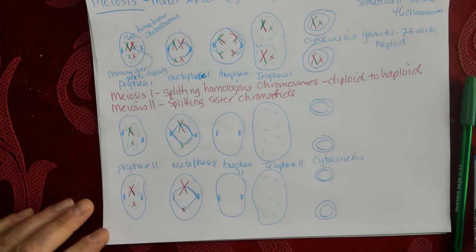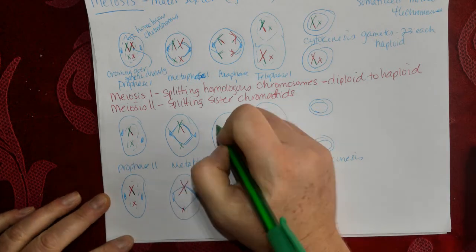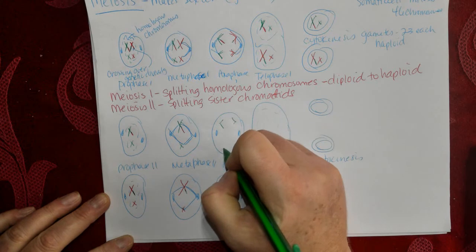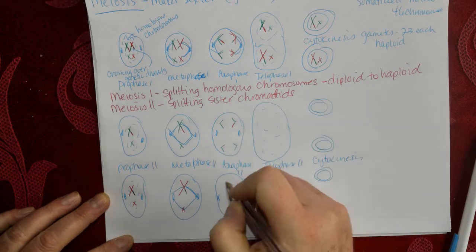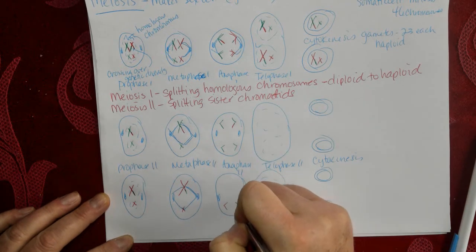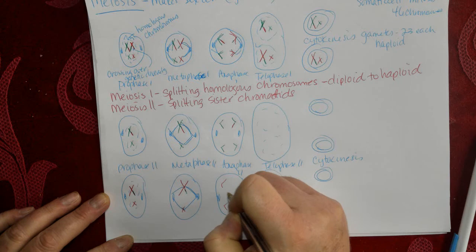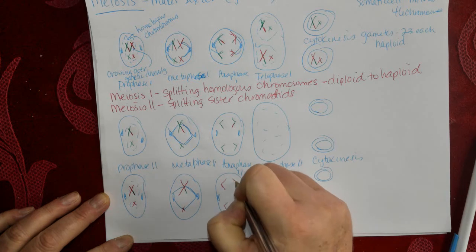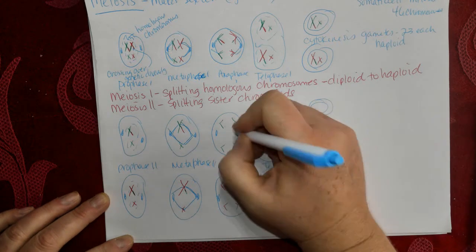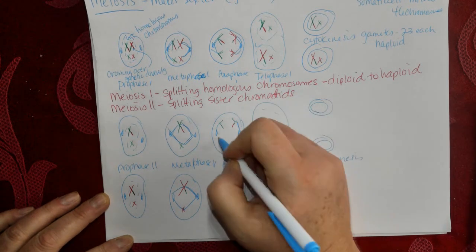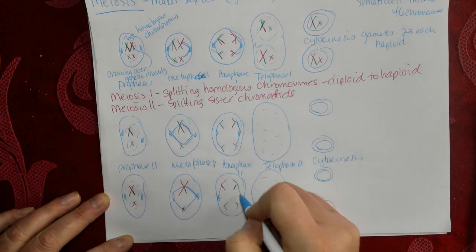In anaphase, now we're going to pull those sister chromatids apart. Still those spindle fibers doing their job, pulling those sister chromatids apart.